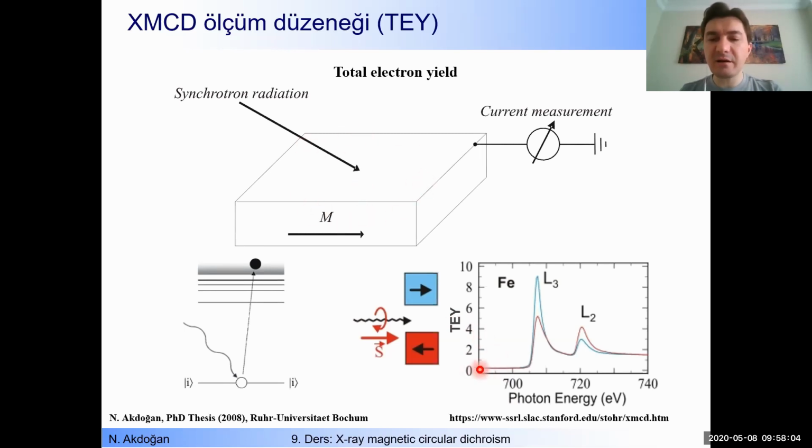And then around the absorption edges, you have those intensities, that result. So depending on the right circularly polarized light and left circularly polarized light, we have different XMCD signals if the material is ferromagnetic, or magnetic, you can say.